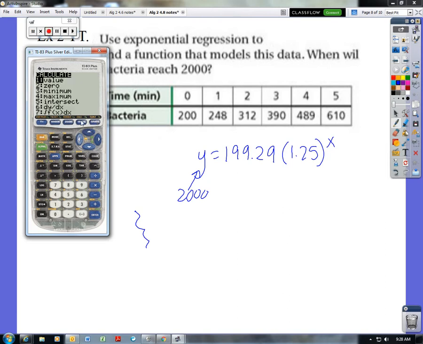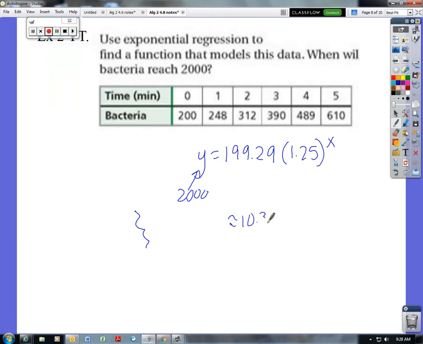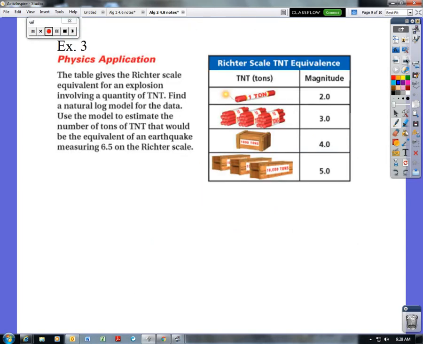Second calc, intersect, enter, enter, enter. At about 10.3 minutes. So at about 10.3 minutes, or about 10 minutes, we should have around 2,000 bacteria. Doesn't take them very long, does it, to get big, high amounts.